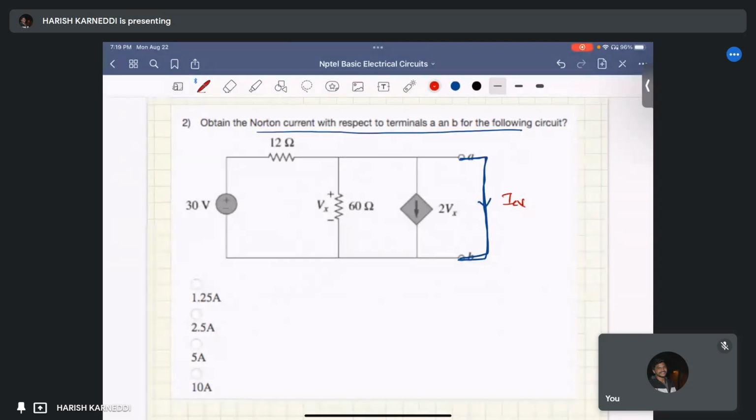Now we short circuited the terminals A and B. So what is the voltage across A and B? That is VAB. We short circuited those two terminals, so the voltage VAB equal to 0 volts, right?